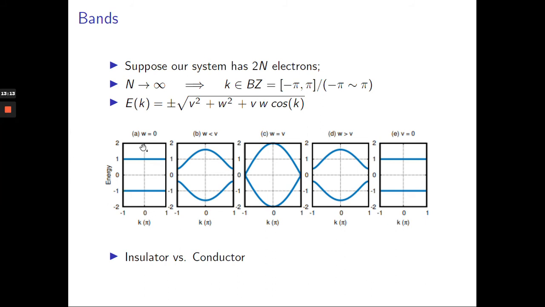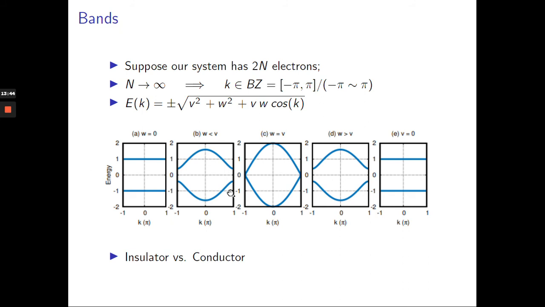So for instance, if w equals 0, so if we don't have hopping between pairs of atoms, we will get these values for the energy for each of the values of k. This is a very boring situation, and if v equals 0, we get the same thing.